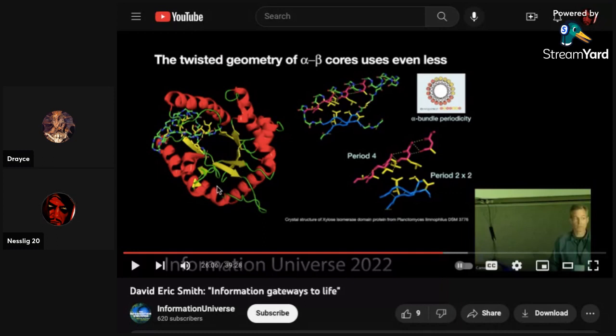But when it comes to the simple cores of proteins, then you have this other periodicity where you have 4 with the alpha helices and 2 by 2 with the beta sheets. So this short periodicity is much easier to produce. I think that's what he's saying right here. That it takes less, quote unquote, information to produce this structure or this motif, basically.